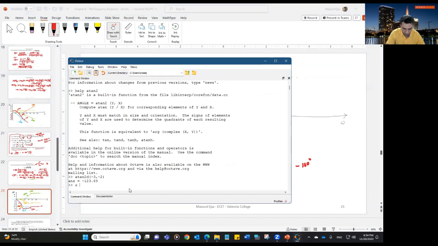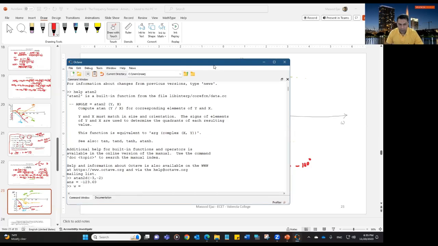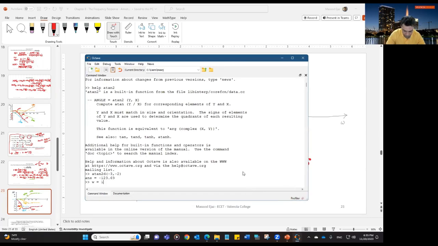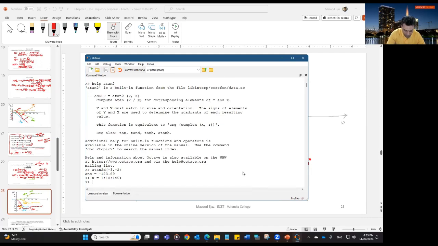So let's say S is equal to j omega, and omega we're going from 1 to 1 exponent 5, with an interval of 10.